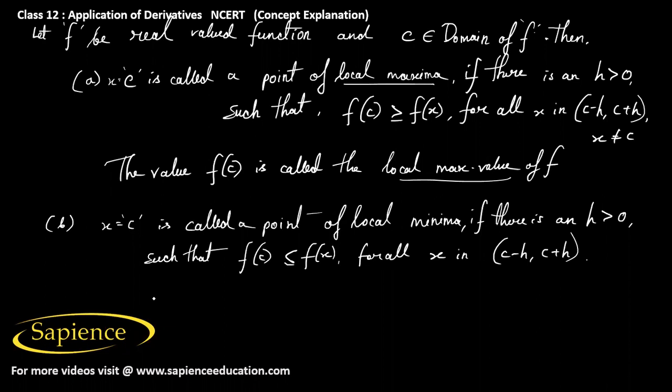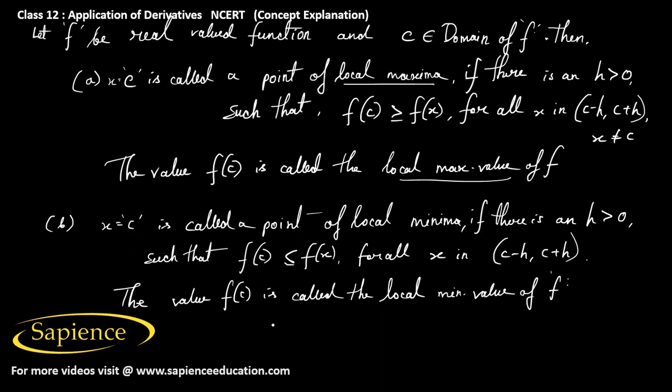And then the value f of c is called the local minimum value of the function f.